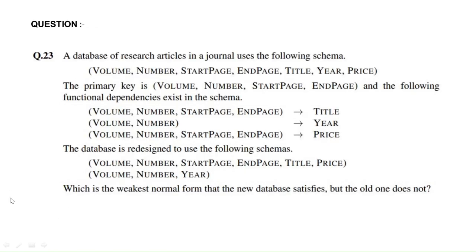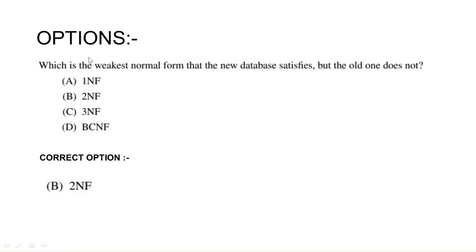So moving to the next question, a database of research articles in a journal uses the following schema. So here is the question, and these are the options of this question. So the correct option of this question would be second, that is second normal form.